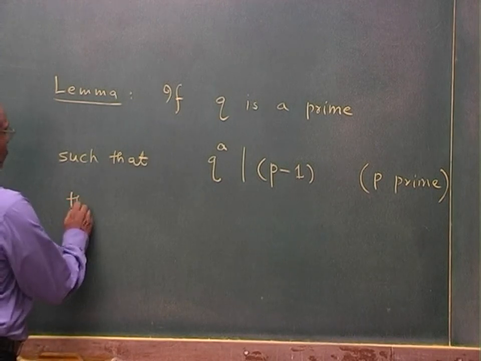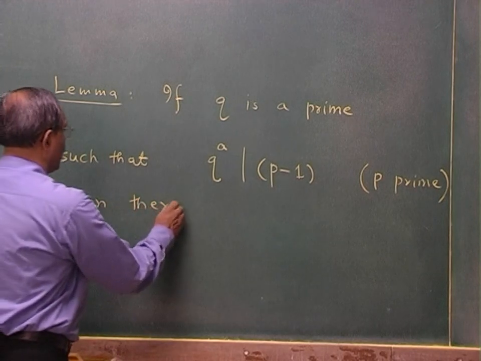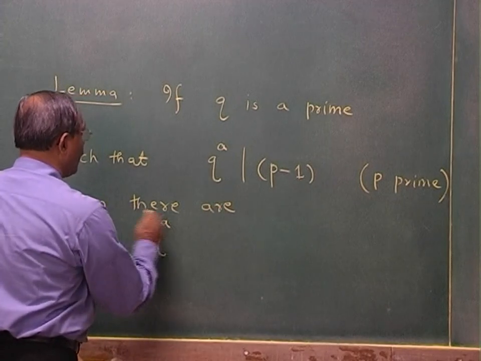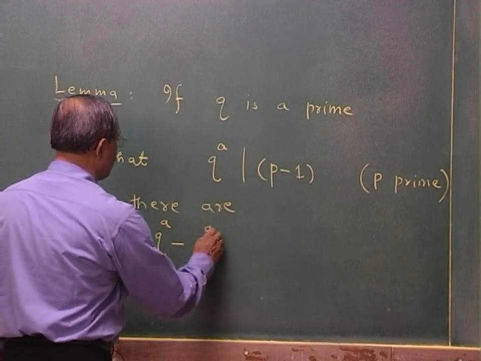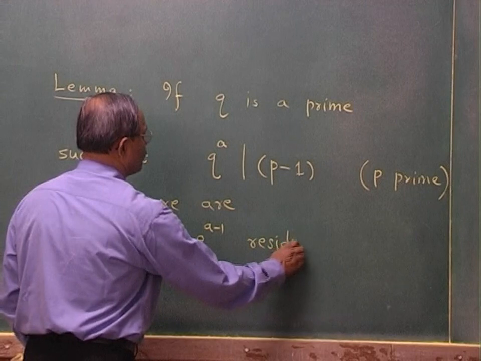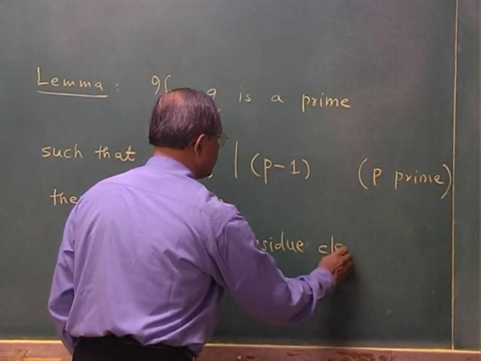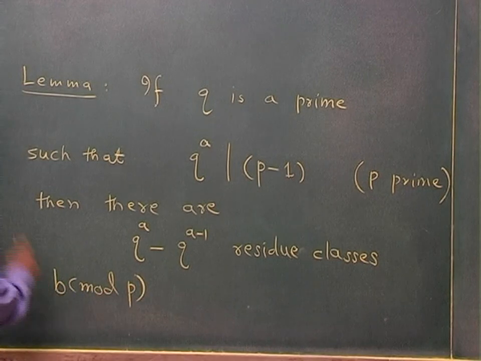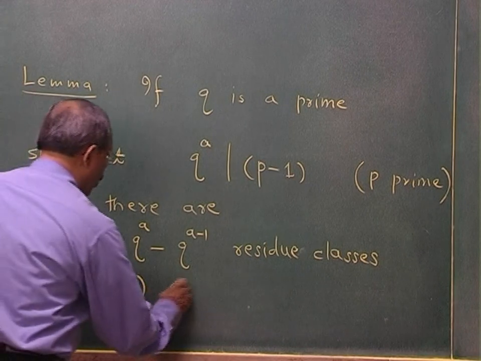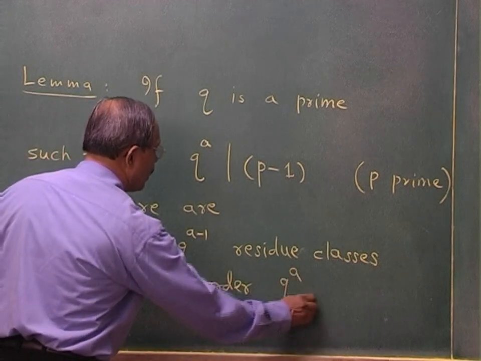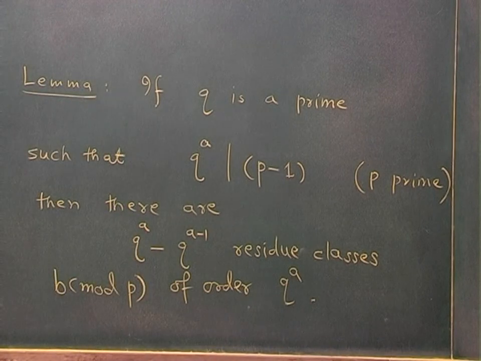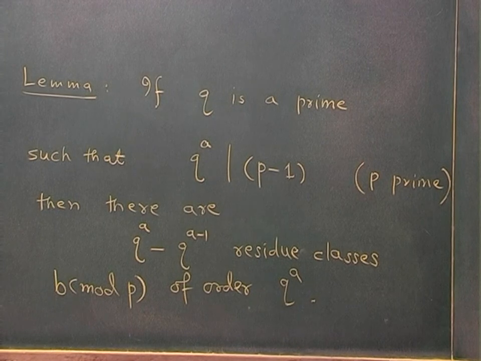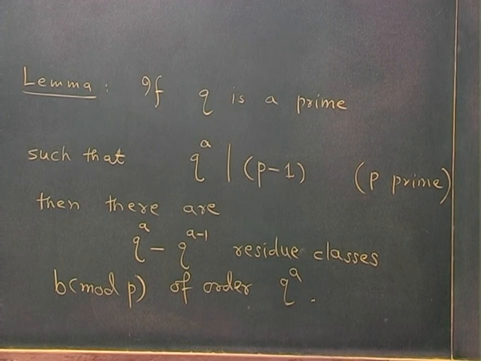Then there are Q raised to A minus Q raised to A minus 1 residue classes B mod P. That many values of B are there of order Q raised to A. There are exactly this many residue classes B mod P of order Q raised to A. So this is for all primes Q which divide p minus 1.